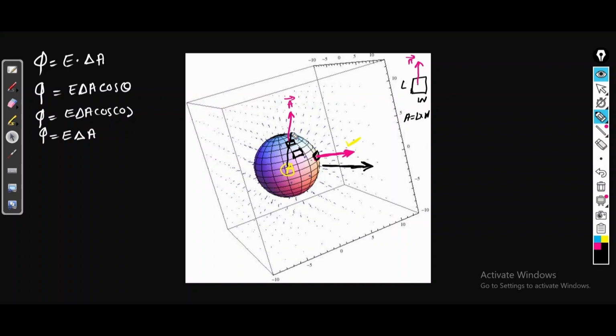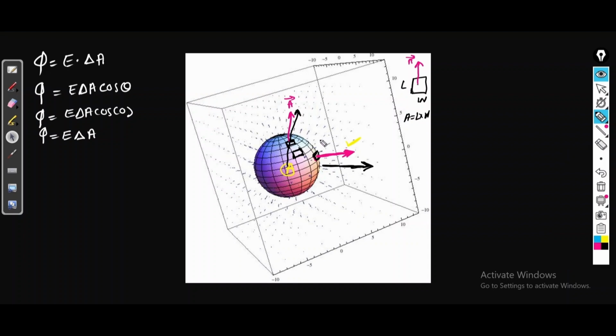This direction is also parallel to the direction of the area. So the angle between the area and the direction of the electric field line here is also 0, because they are parallel to each other.